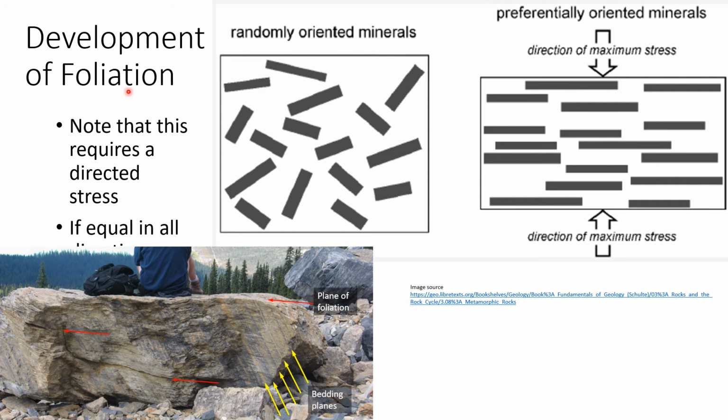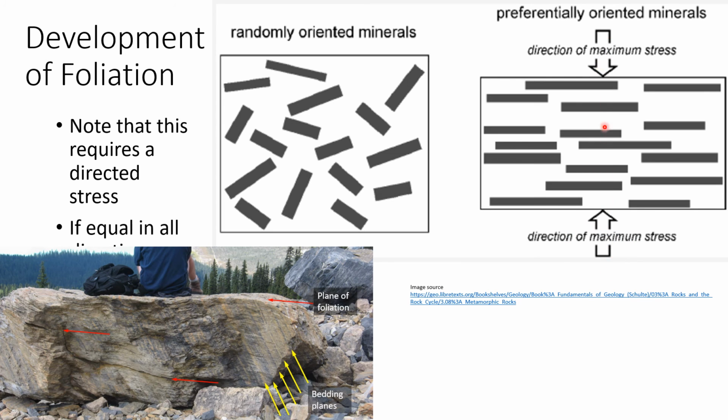And one other big deal that we're going to need to talk about with metamorphic rocks in general is this idea of foliation. So foliation is a texture that can develop in metamorphic rocks. What's happening is you get a lot of stress in one direction.